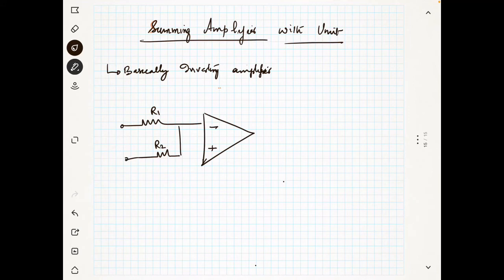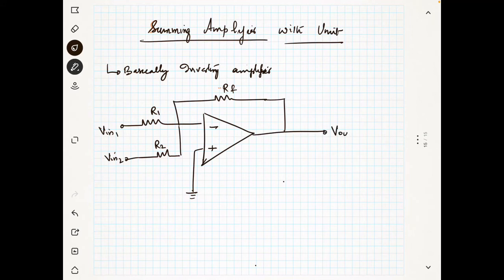You see there are two inputs, V in 1 and V in 2. We want to add two voltages, V in 1 and V in 2. Next, here it will be connected to the ground. Now this is your RF and V out. We will first do the circuit analysis.